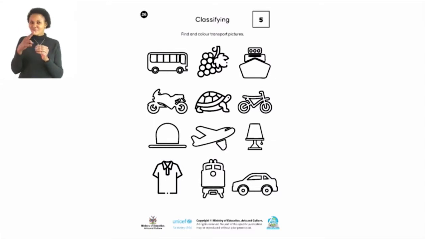No. The bicycle? Yes. The bicycle is also a means of transport. Yes, color them in. Only the means of transport. The rest of the pictures, I want you to go through them, look at them, and identify what we can still use by means of transport and color them in. I want you to do this yourself at home.